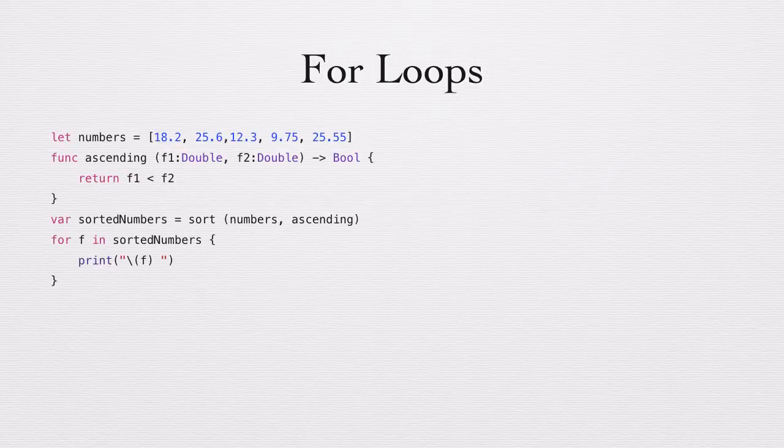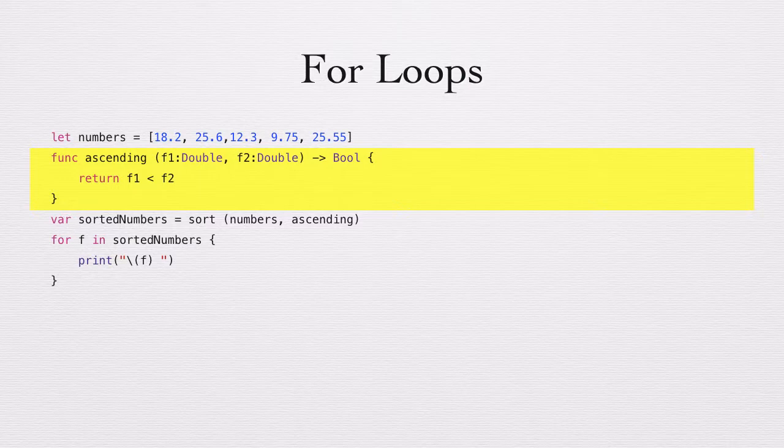The code shown here uses the sort function to sort the elements of a given array. First, we define an array of a few double-value elements. We will sort this array in ascending order. For this, we will write a function called ascending that takes two double-value elements as parameters. If the first element is lesser in value than the second element, the function returns Boolean true to the caller.